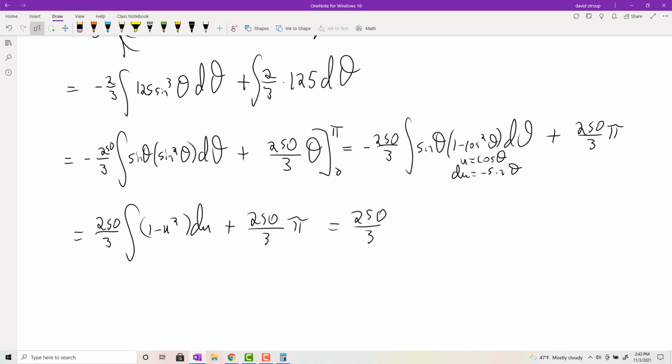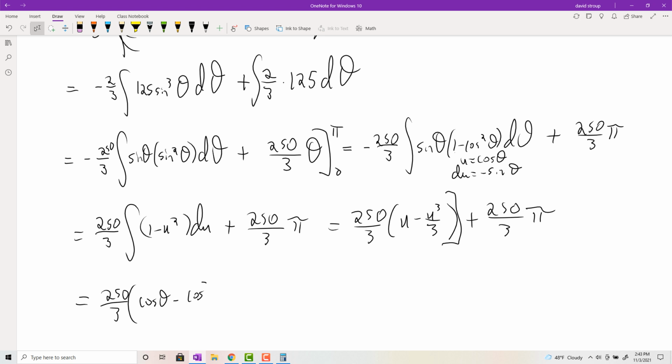This is 250 over 3 times u minus u cubed over 3 plus 250 over 3 pi. And then 250 over 3 times back subbing cosine theta minus cosine cubed theta over 3, evaluated from 0 to pi, plus the 250 over 3 pi.